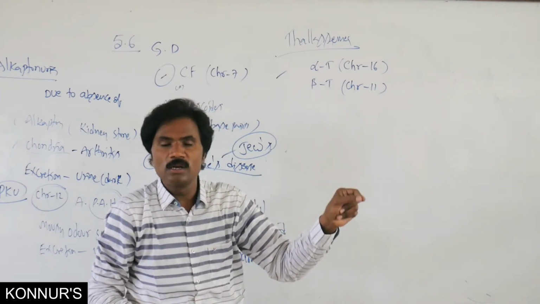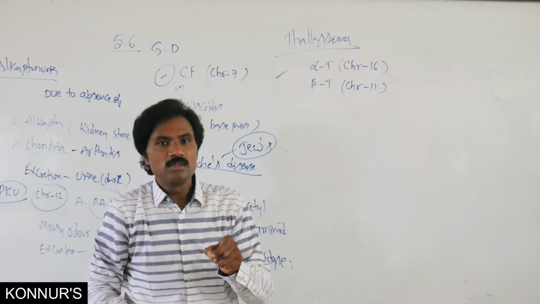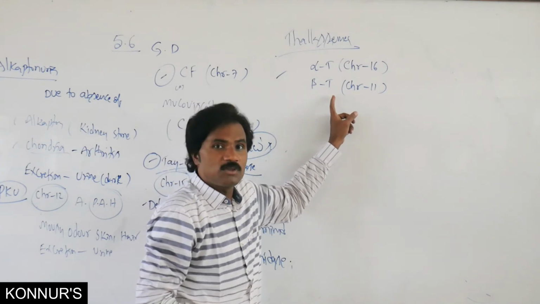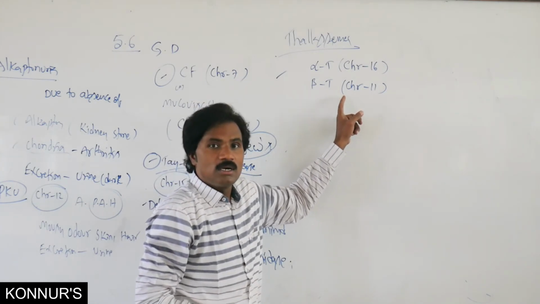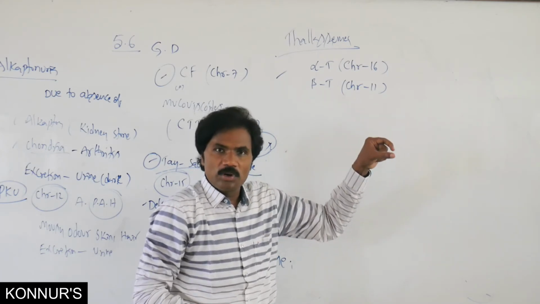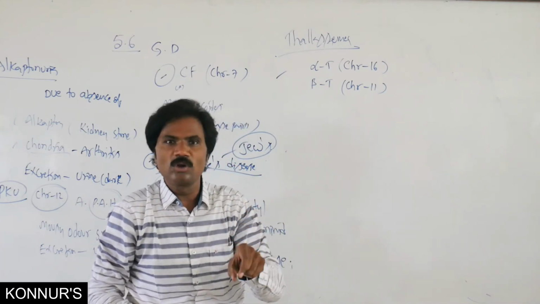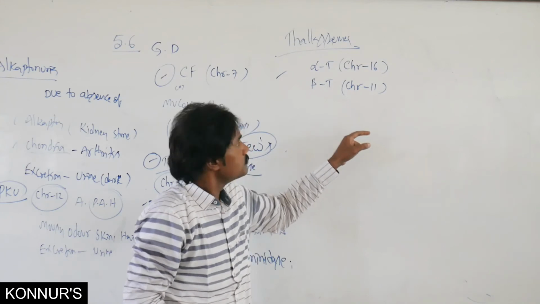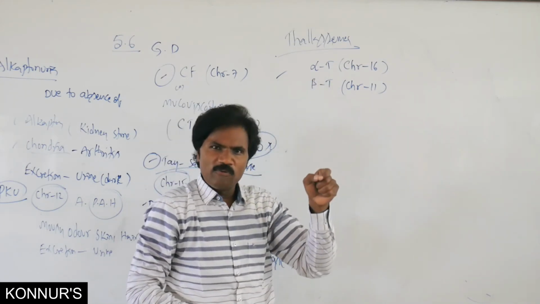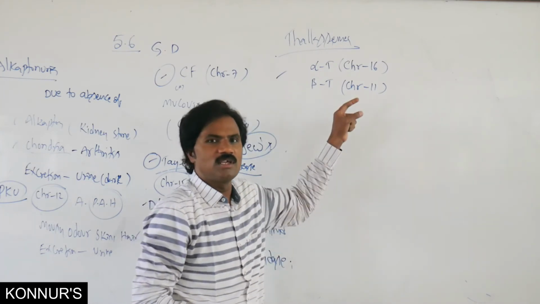Normally in the formation of hemoglobin, an alpha chain and a beta chain are present. If defective genes are present, it causes inadequate production of the beta chain in hemoglobin, and that is known as beta thalassemia. Inadequate formation of the alpha chain in hemoglobin is what we call alpha thalassemia.